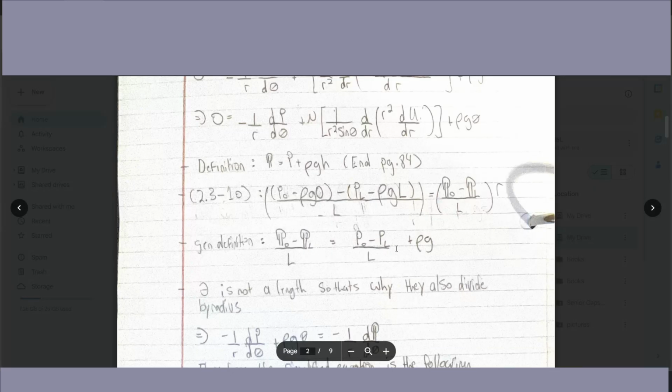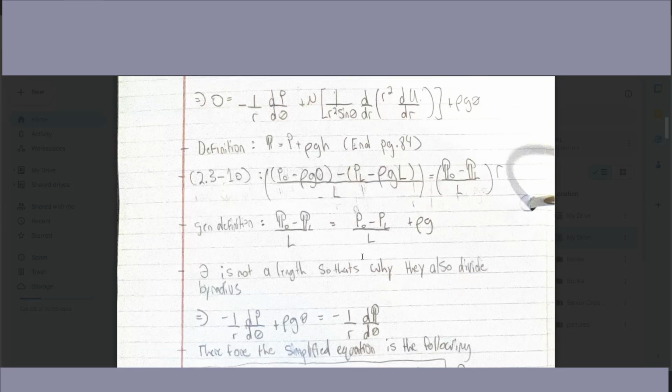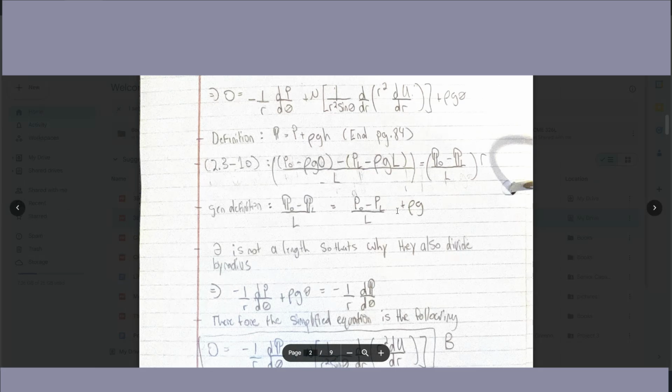And the general definition is usually this. And this L, you can multiply this over and it's P0 minus PL equals rho g h, so basically delta P equals rho g h, and that's a very standard definition of what pressure is.